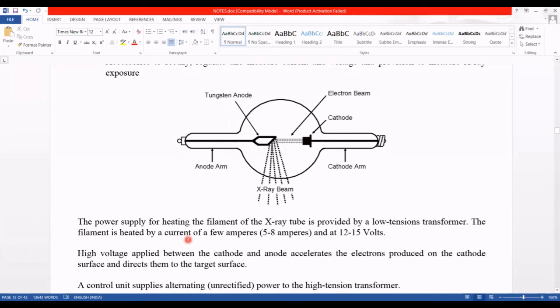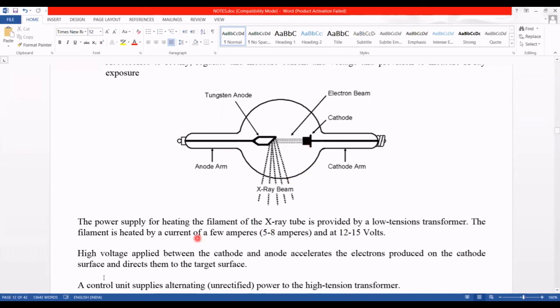The transformer supplies low current, 5 to 8 amperes, at 12 to 15 volts. Since that voltage is not available directly, we use a transformer to step down the voltage and supply this low current to heat the filament. Once you heat the filament, electrons are automatically emitted.